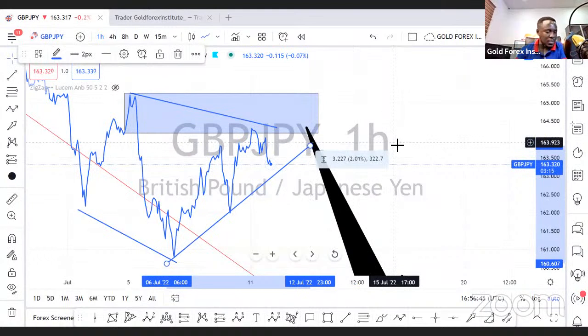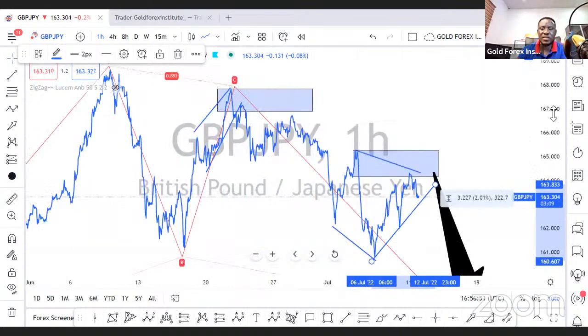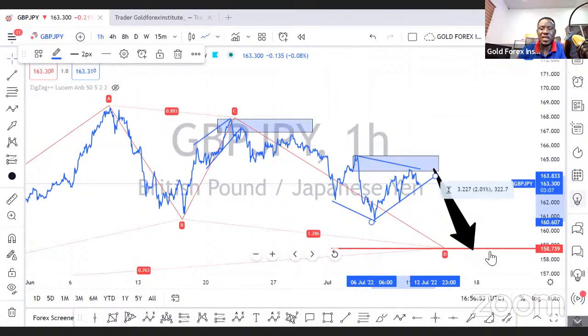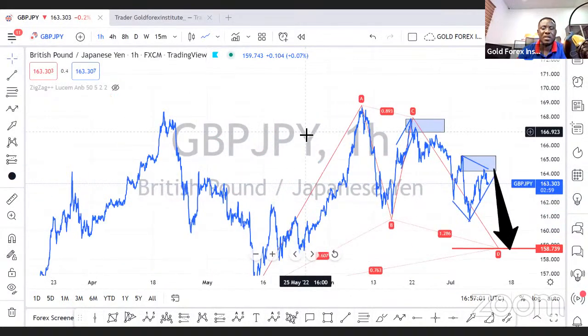Now, once it breaks the trend line, you can add another position to the downside. And we are targeting 158.739 to complete the Gartley pattern. This is a perfect Gartley pattern.